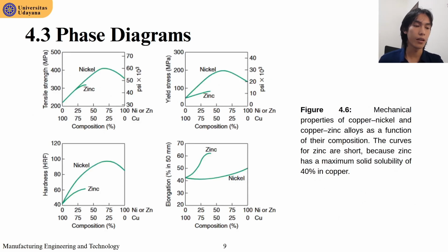And after that, mechanical properties of Cu alloy. Composition affects mechanical properties, here for Cu-Ni and Cu-Zn alloy. You can see on Figure 4.6. They have different things about nickel and zinc.